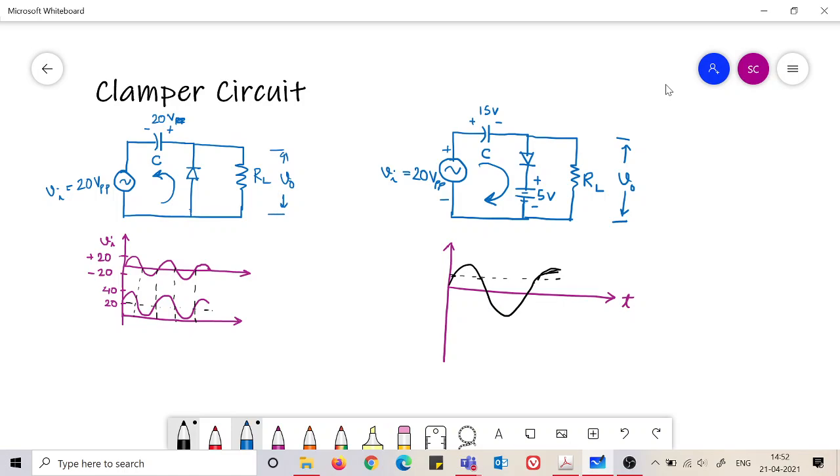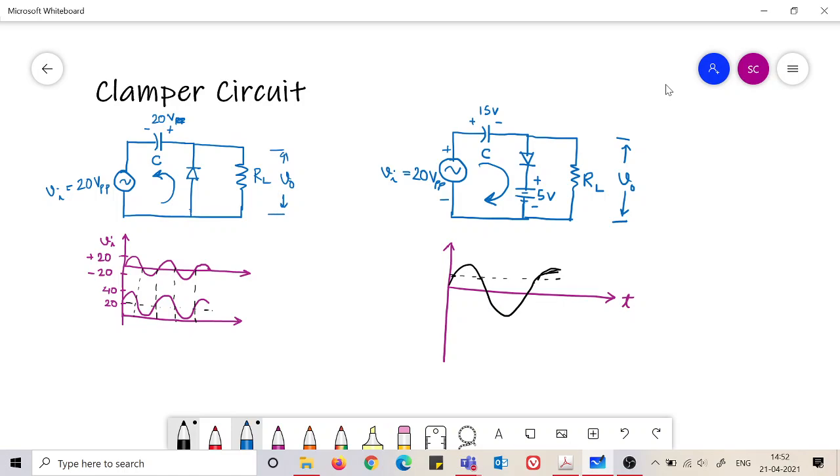Which is able to make the voltage across the diode 0 only. It cannot make the diode voltage a positive voltage any longer. So in the rest of the entire operation, the diode will not conduct anymore.